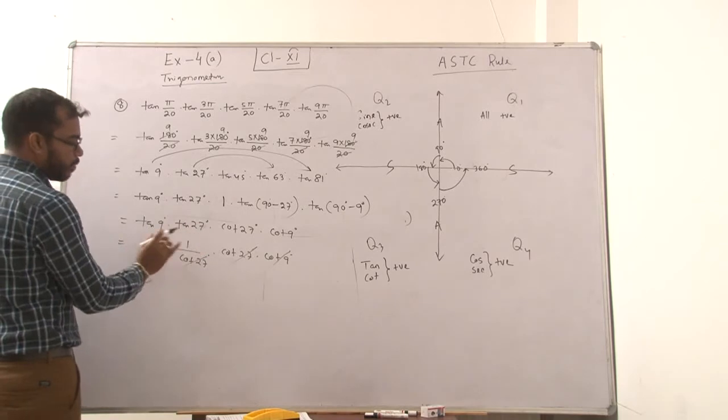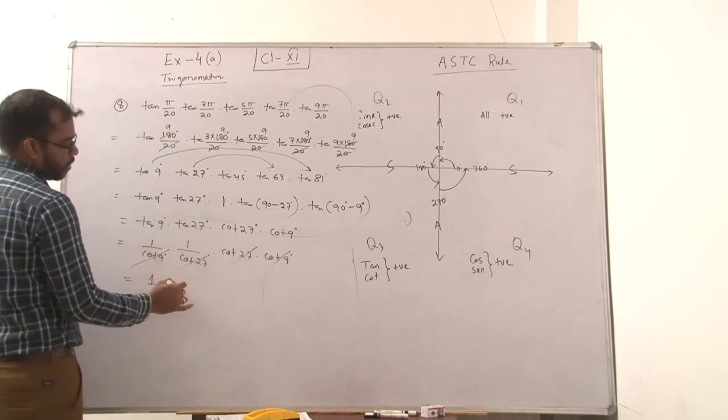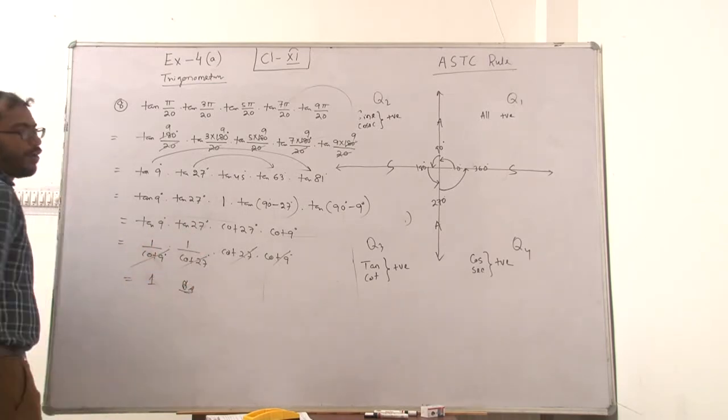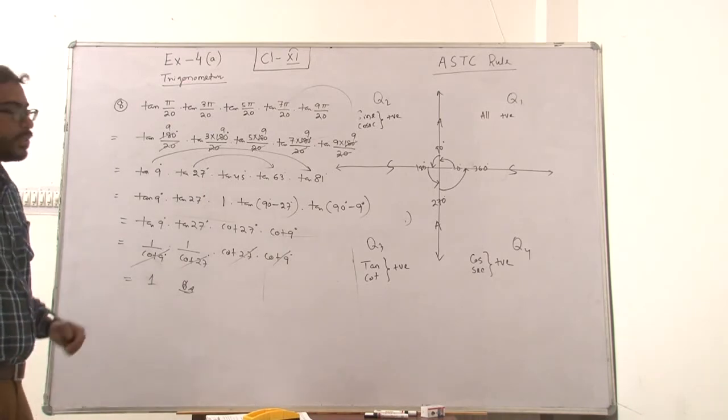Multiplying 1 into 1, the answer of question number 8 is 1.